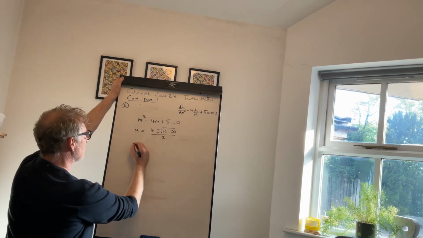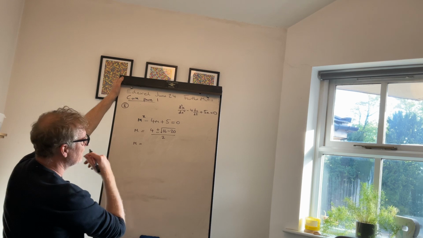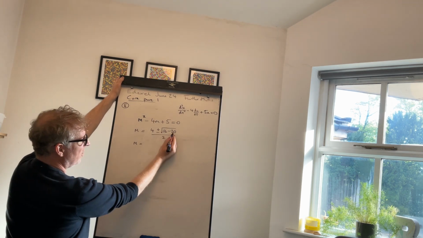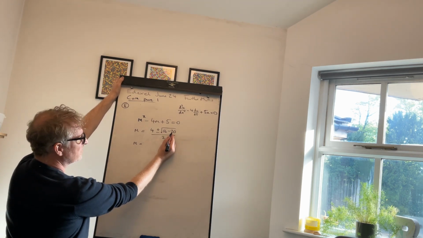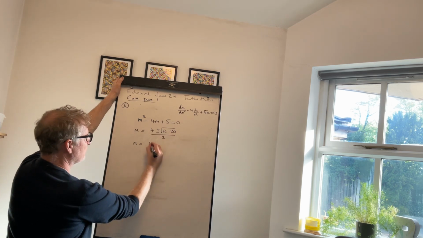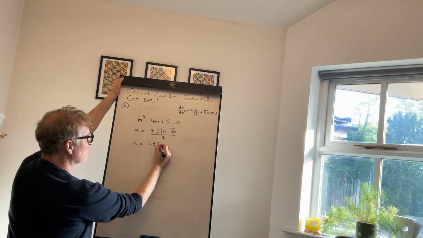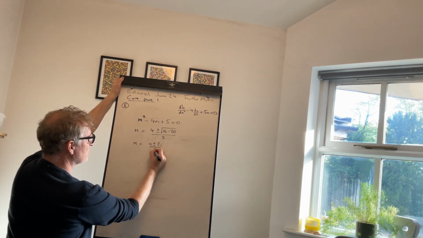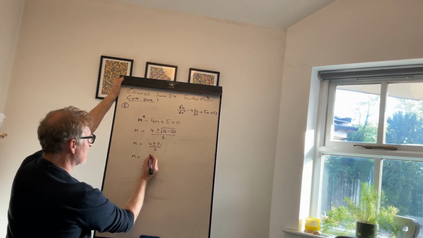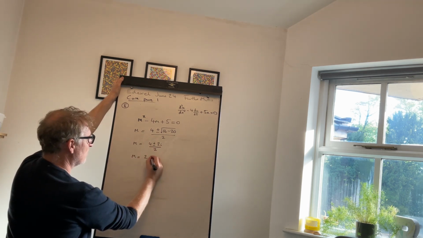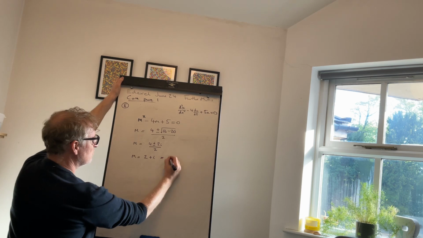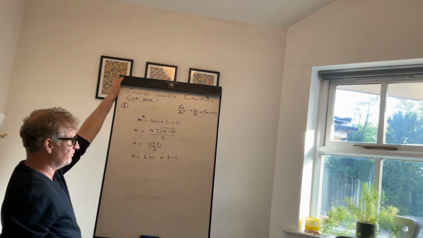Yes, we're going to get ourselves a little bit of a complex solution here. So that's going to be 4i root 4, which when you square root becomes 2i, so it's 4 plus or minus 2i over 2, so therefore m is, divide the 2 in, 2 plus i or 2 minus i.